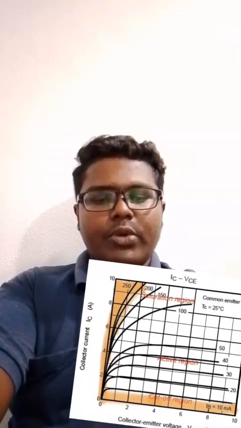Secondly, we are going to see the current-voltage (I-V) characteristics of the bipolar junction transistor, which depend on its configuration. The common emitter (CE) configuration. Input characteristics: the input characteristics curve shows the relationship between the input current IB and the input voltage VBE.